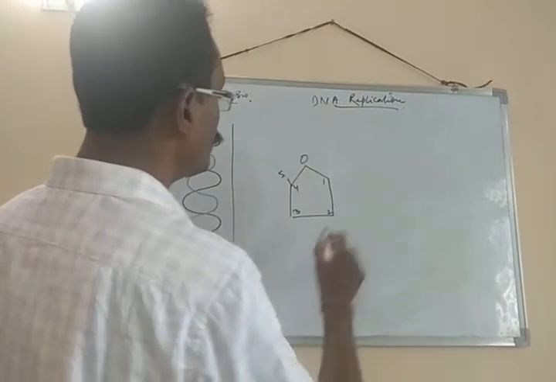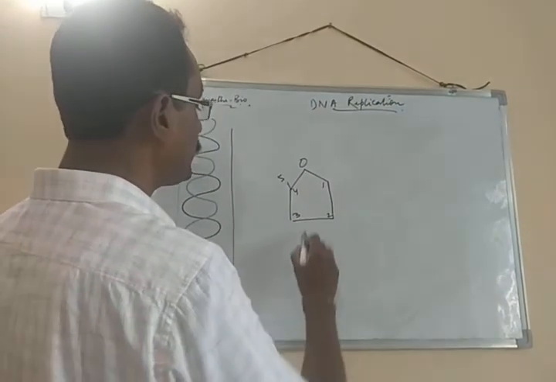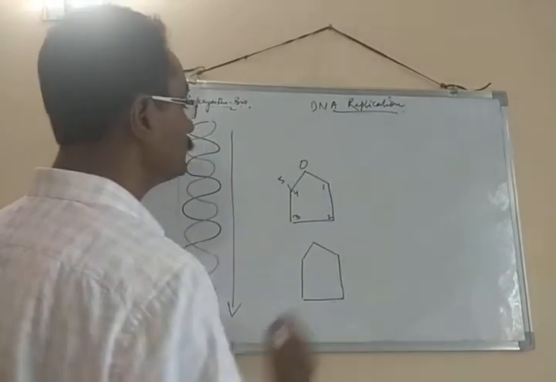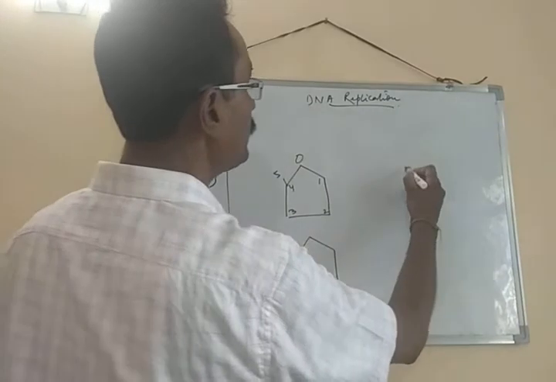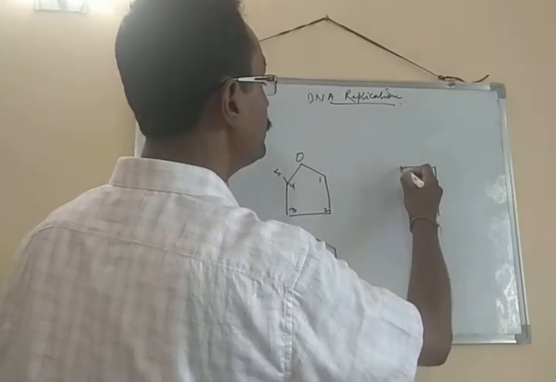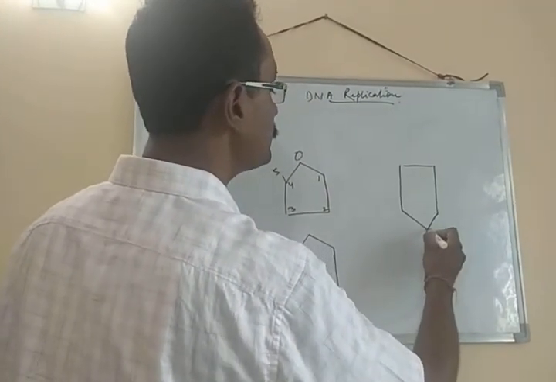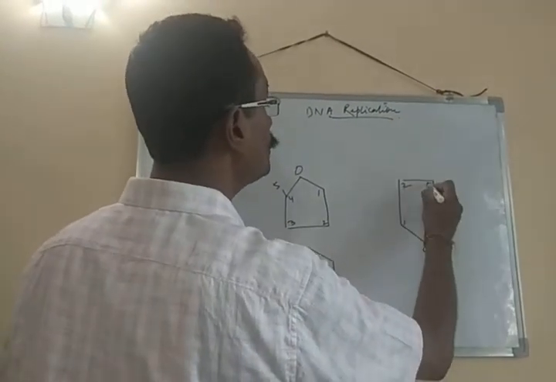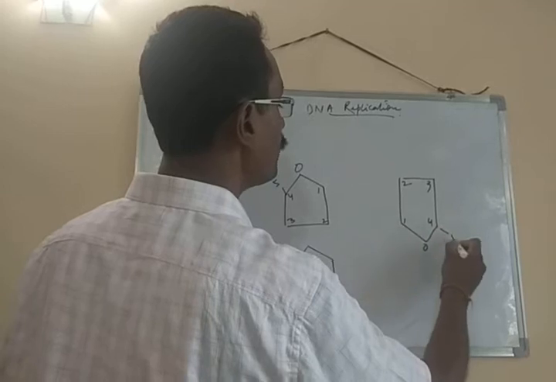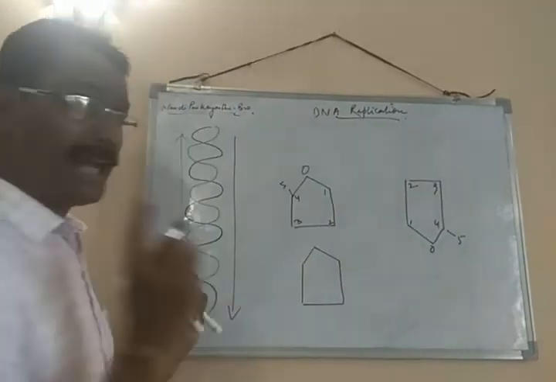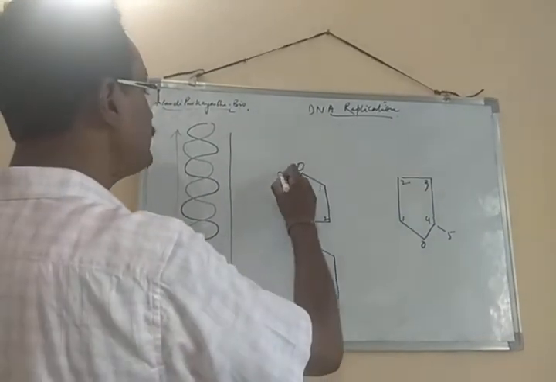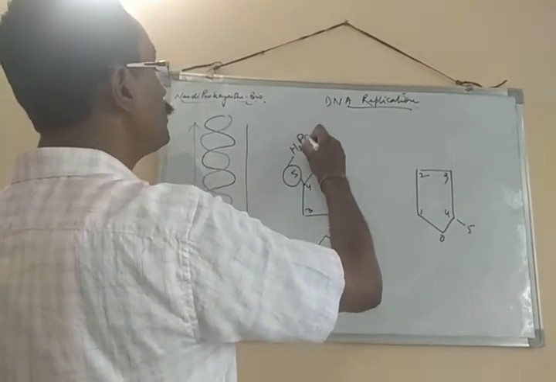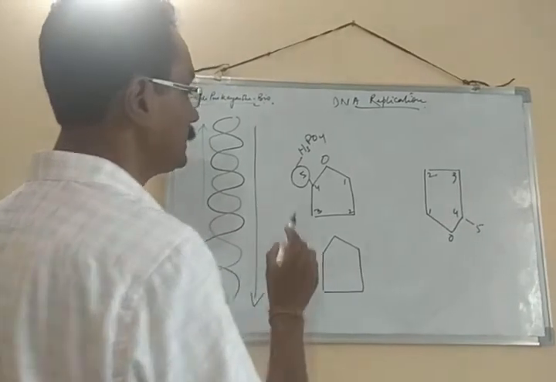Okay. So here is another one, and this is the other polynucleotide. It will be having the head like this. Okay, this oxygen 1, 2, 3, 4, 5. So what happens exactly here is that in the fifth direction, H3PO4 gets bound.